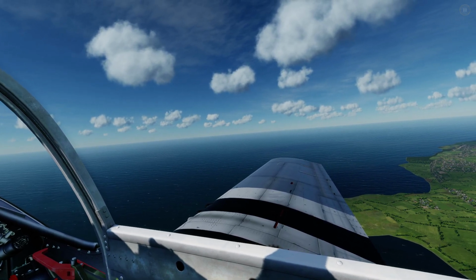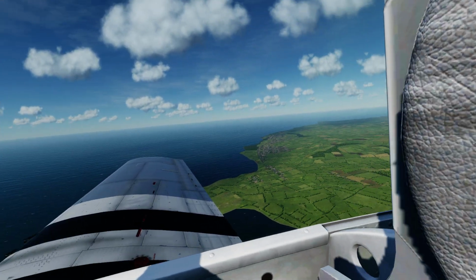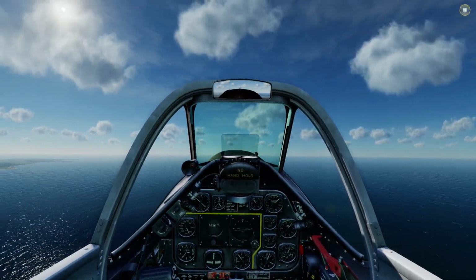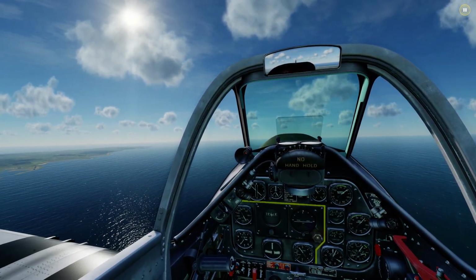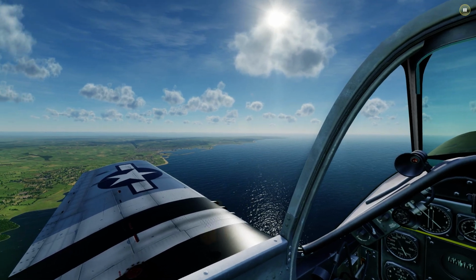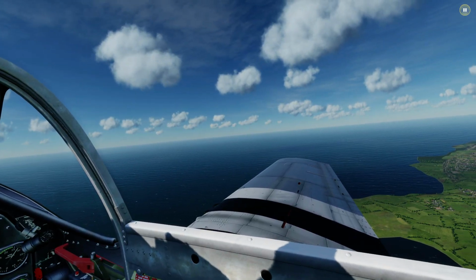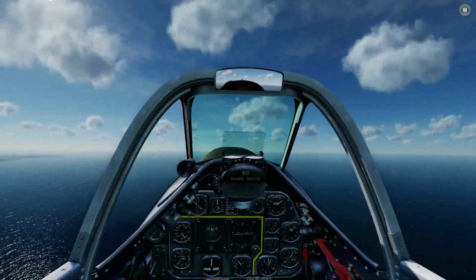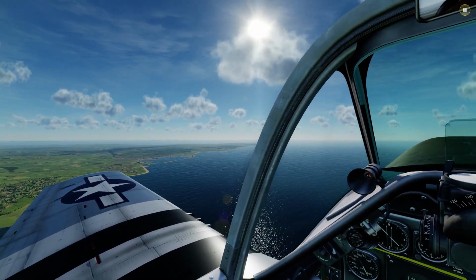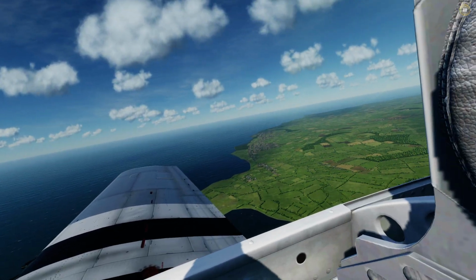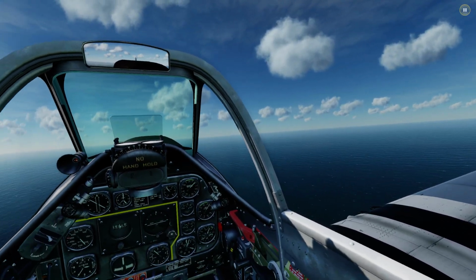I'm going to be talking about the adverse yaw characteristics of the Spit, and in keeping with the previous video where we looked at the elevator control, we're going to be looking today at aileron and rudder, since they're both very closely related.